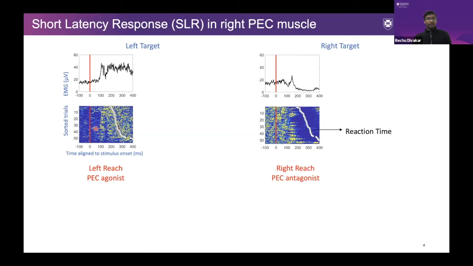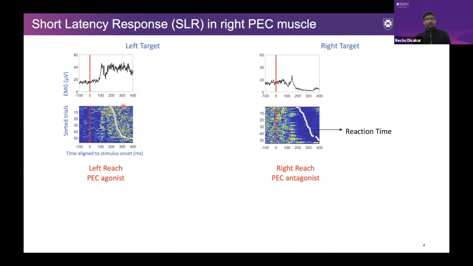The trials are aligned to the onset of the visual stimulus, which is represented by the red line. The white circles you see on the raster plot are the mechanical reaction time of the arm measured using an accelerometer. The trials were sorted based on reaction time, with the fastest trials at the top and the slowest ones at the bottom. And the top panels here show the average EMG activity from all the trials at the bottom.